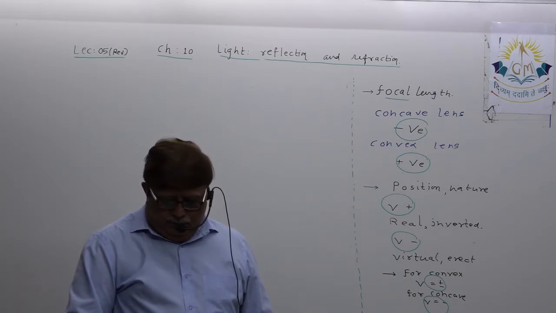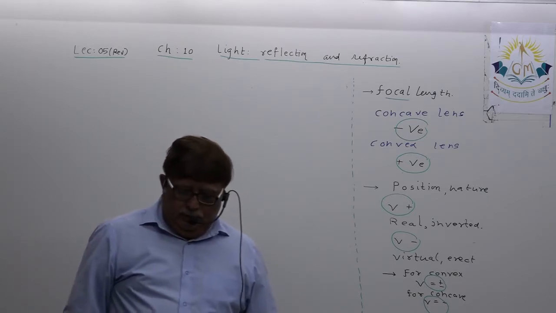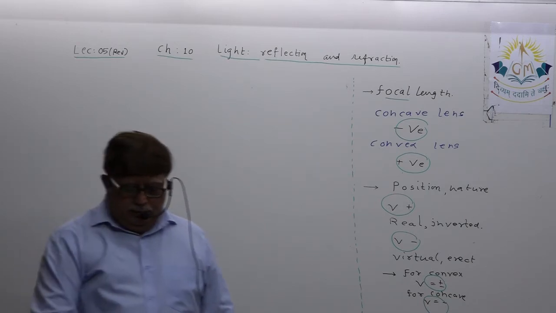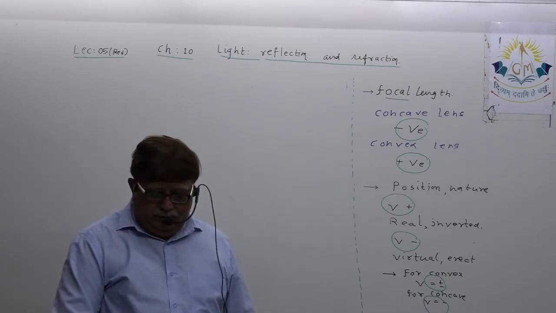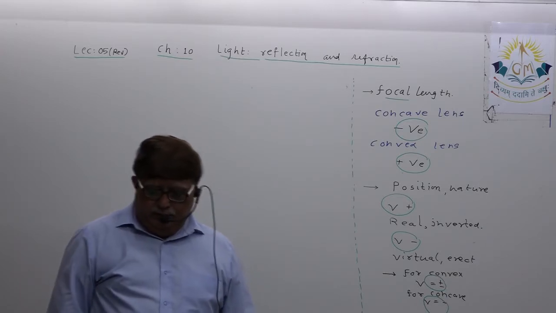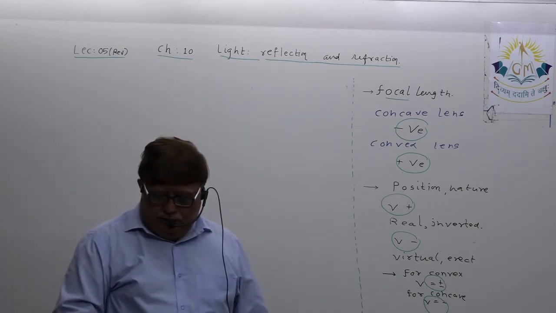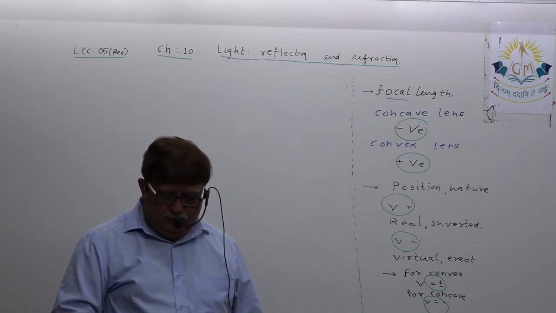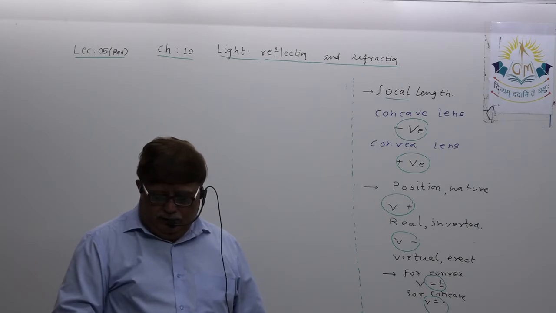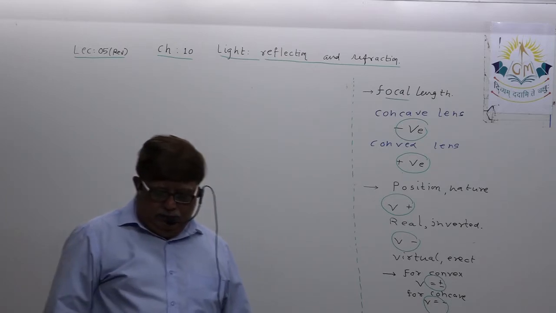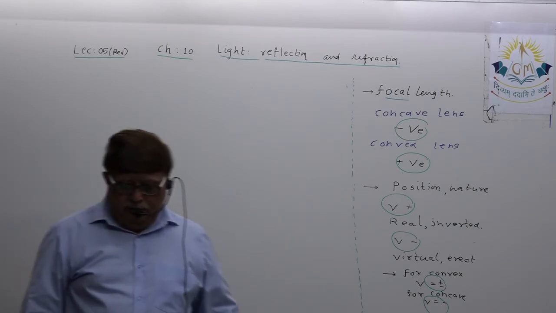In sum number 18, an object 5 centimeter in length is held 25 centimeter away from a converging lens of focal length 10 centimeter. Draw a ray diagram, find position, size and the nature of the image formed.